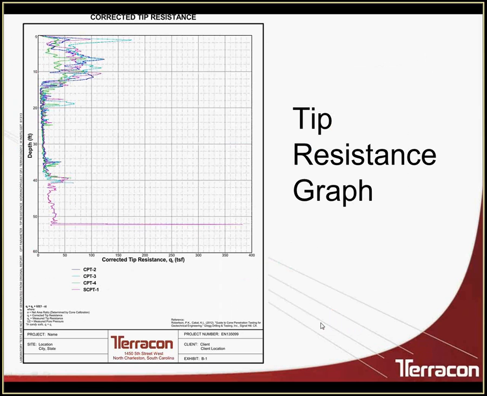Here's an example of corrected tip resistance for, again, 4 tests. At times, this is going to be helpful, especially on site characterization projects, to provide for the client, but primarily this is just helpful for the Terracon practitioner to identify general subsurface stratigraphy.